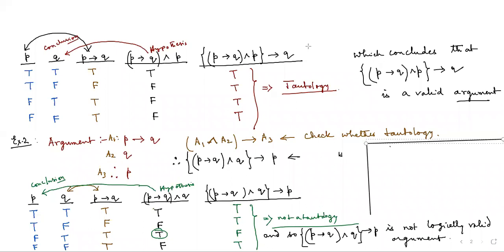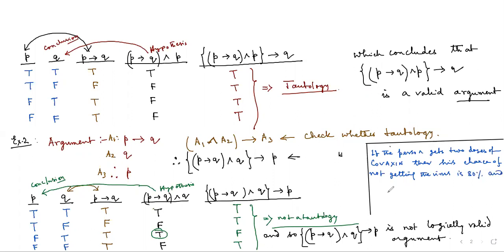Now suppose, according to the table that is being revealed over here, P implies Q means if the person gets 2 doses of Covaxin, then his chance of not getting the virus is 80%.